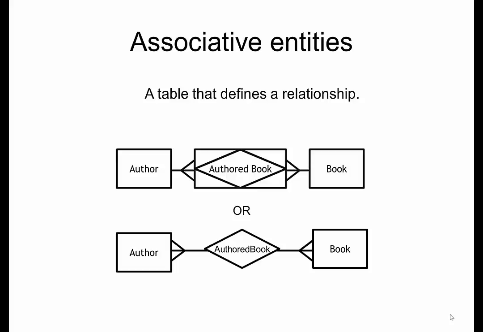But to a certain extent, I think, why don't we just do authored book, and then have the attributes, or the foreign keys, and the primary keys, we could draw it like that. So that's about four different ways to draw the same relationship in an ER diagram. So just bear in mind, if you've seen these funny symbols, that's what they are. There may, for database experts, be a technical difference between them, but I couldn't work it out if there is.